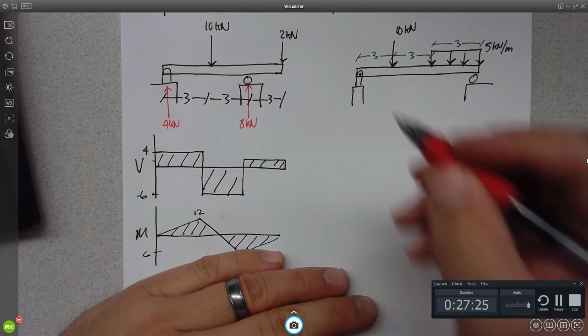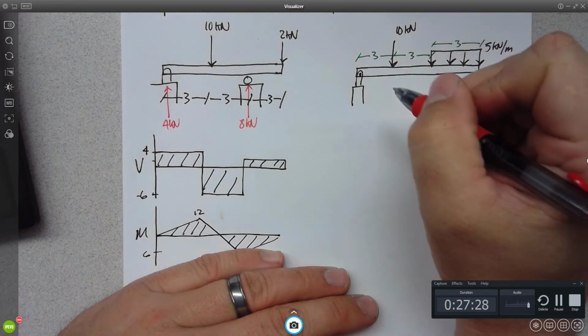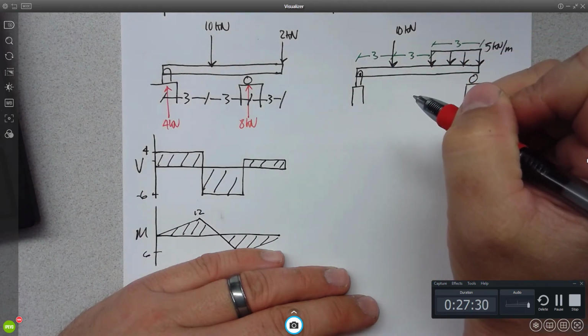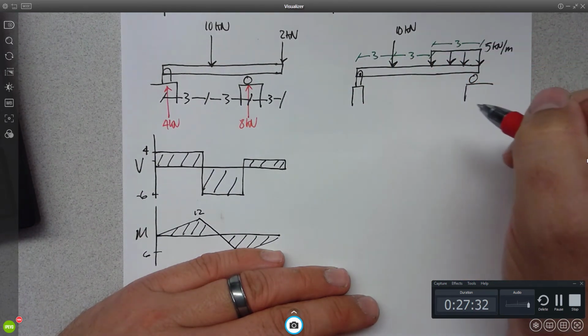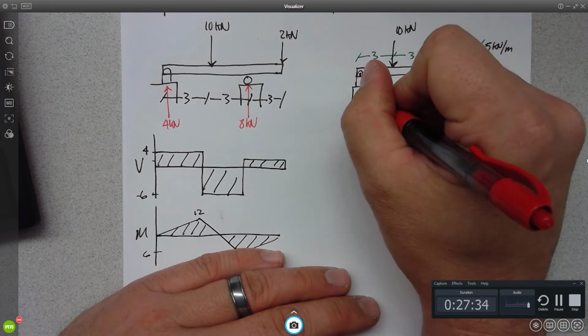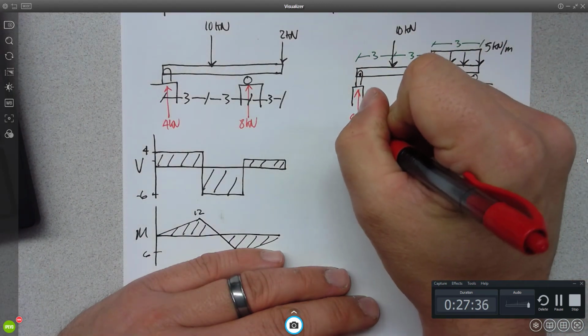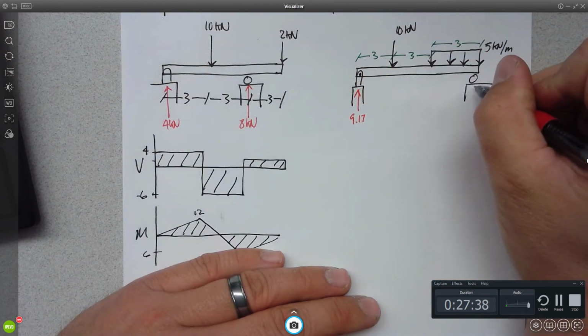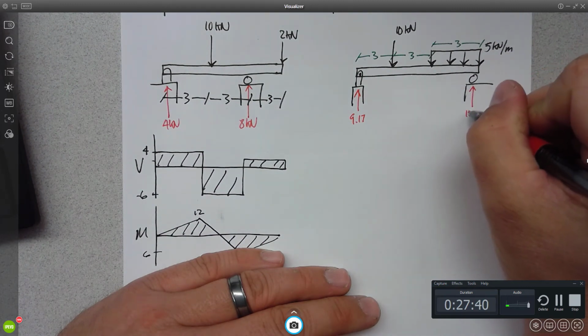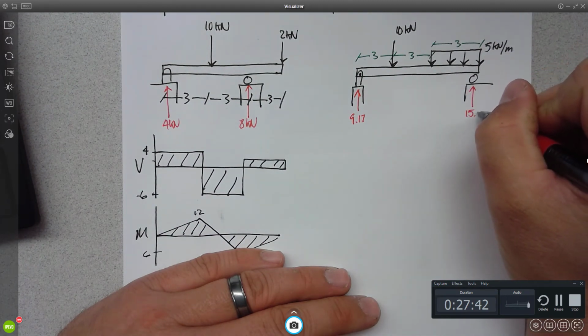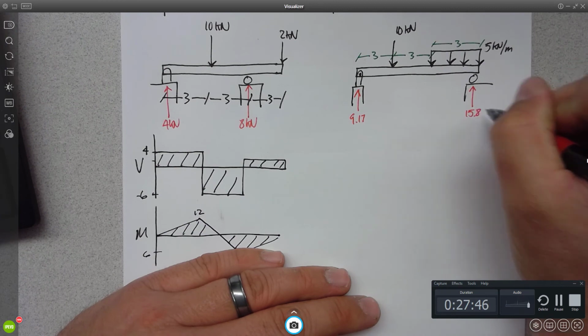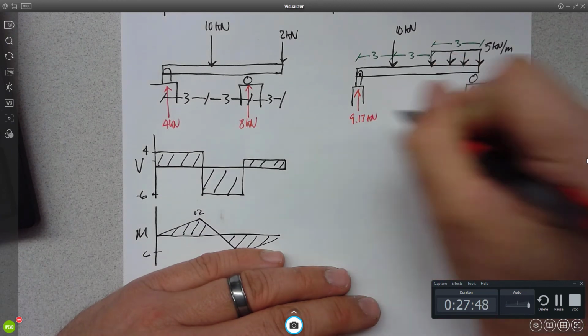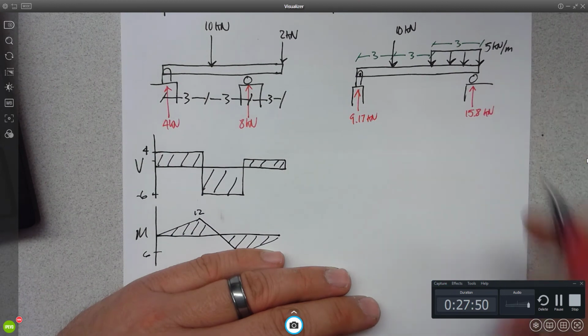What do we get for reactions? Here, 9.17 and 15.8. Hopefully 0.83. Okay.